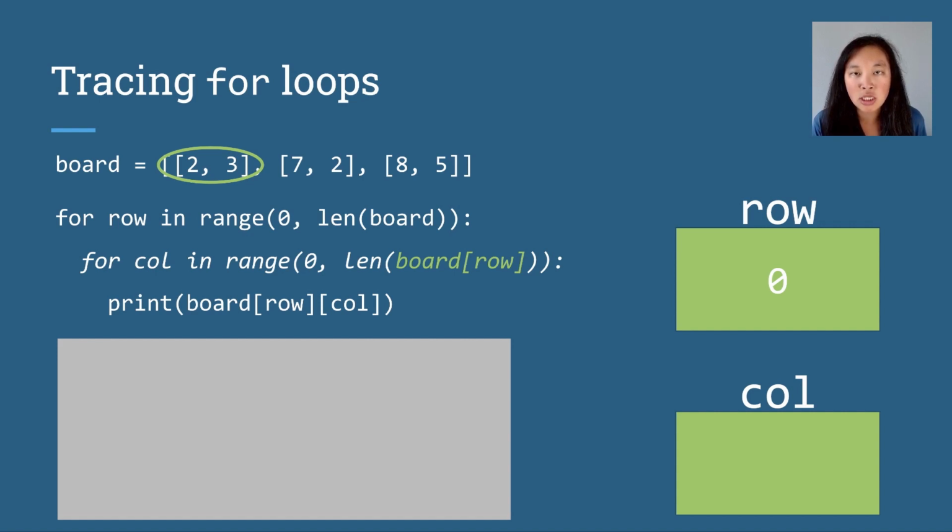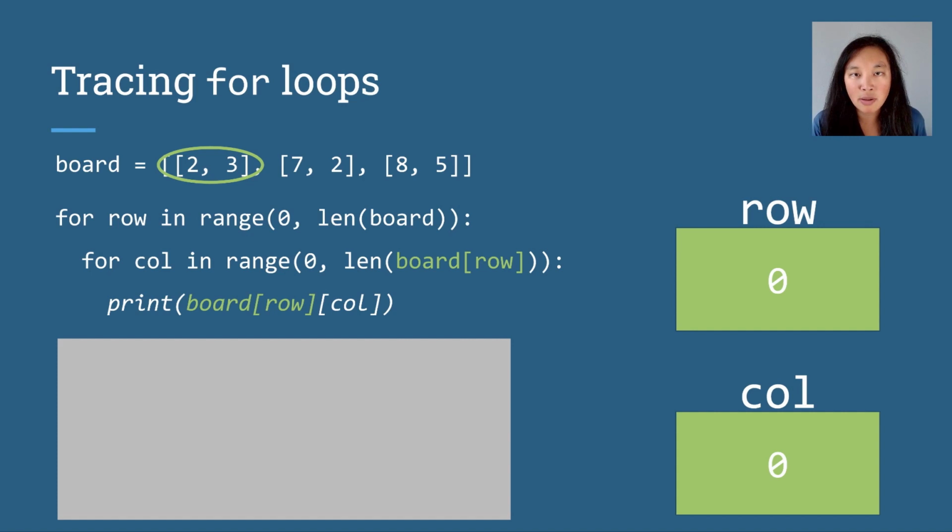So since we are just starting this for loop, what is the first number that is going to be? It's going to be 0. So col, our variable, is going to have the value of 0. So then we go inside of that for loop and we print out board of row col. So what is board of row? Well, we said before that the variable row has the value of 0.